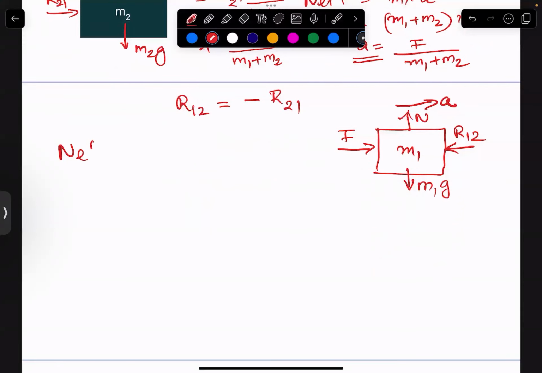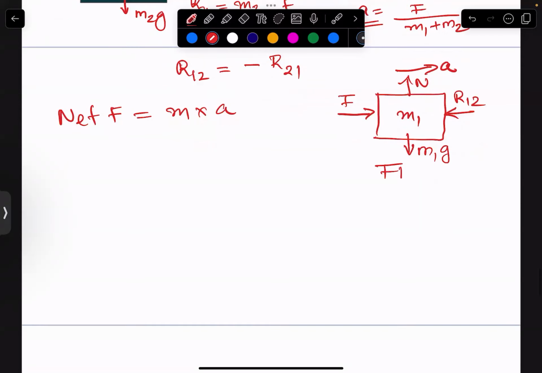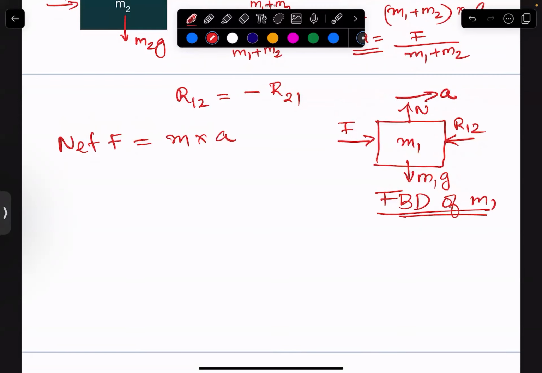Net force equals mass times acceleration. This is the free body diagram of M1, FBD of M1. So net force is F minus R12 equals mass M1 times acceleration, F by M1 plus M2.